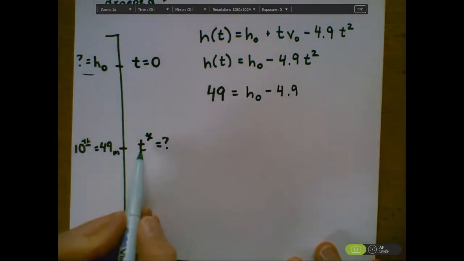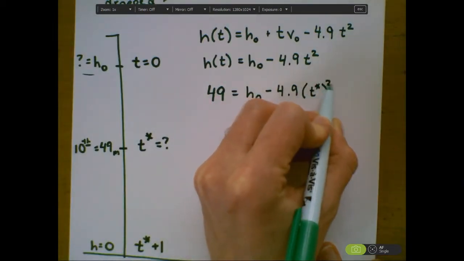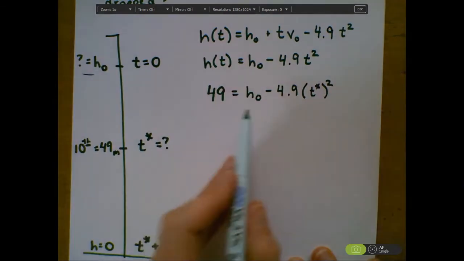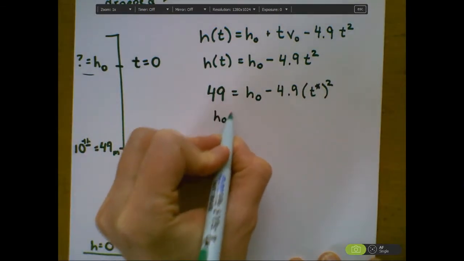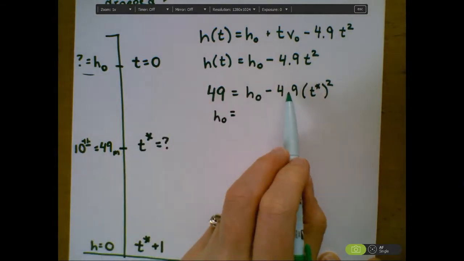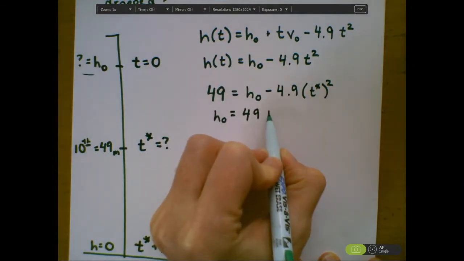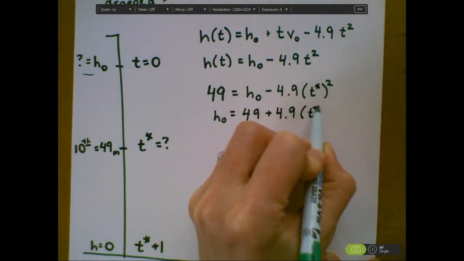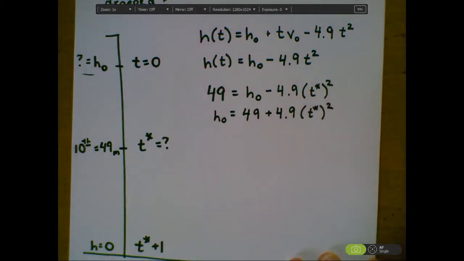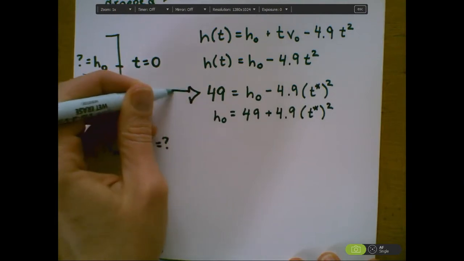Instead of putting t squared, I'm going to call it t star squared, because t star is the exact moment in time that I see the bucket. And I can solve for h naught here, and I see that h naught is exactly equal to, adding this to this side, 49 plus 4.9 times t star squared. That's one equation. I'll put an arrow next to it because this is one of the equations.